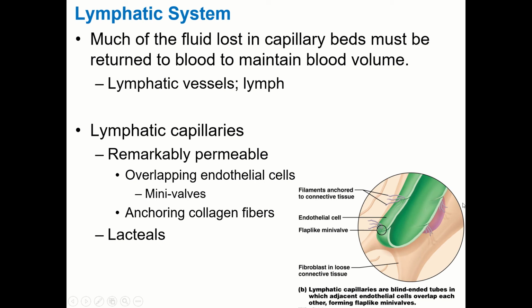Conversely, once a bunch of fluid collects in the lymphatic vessel, as that fluid accumulates, it forces these mini valves shut. The mini valves in every textbook I've seen are referred to as acting like a one-way swinging door. They allow fluid in, but they don't allow it to move back out. So again, they're forced open by an increase in interstitial fluid, and forced closed by an increase in lymphatic fluid.